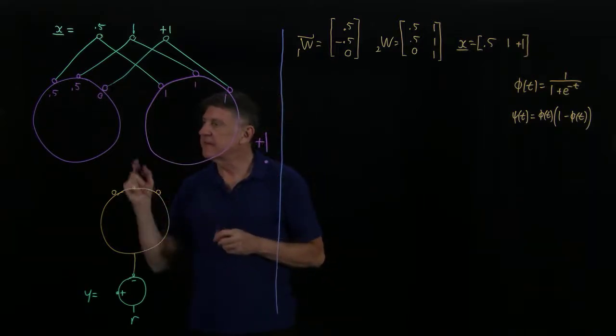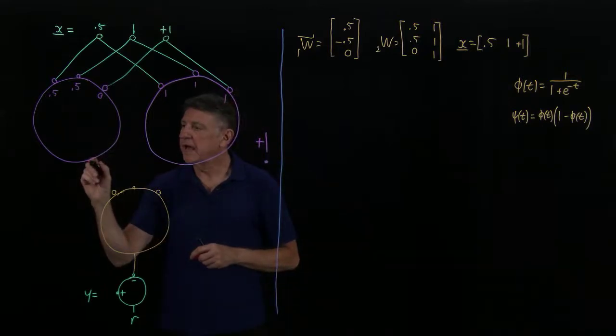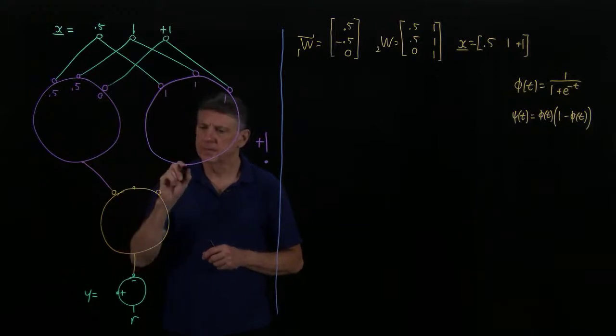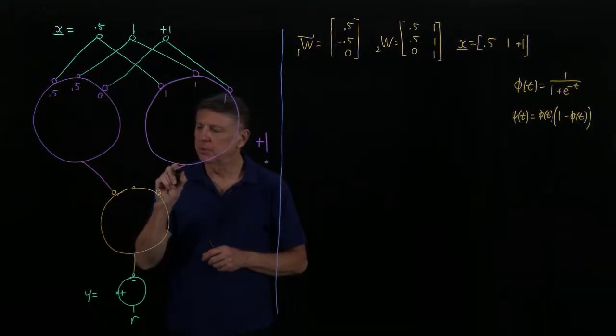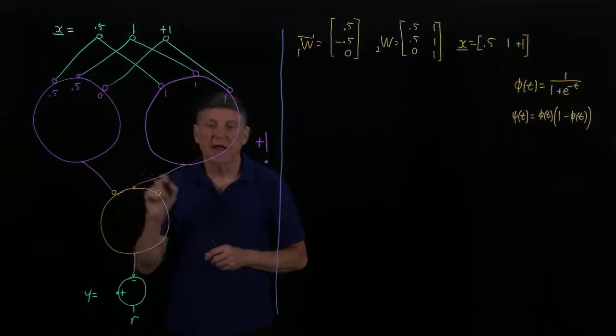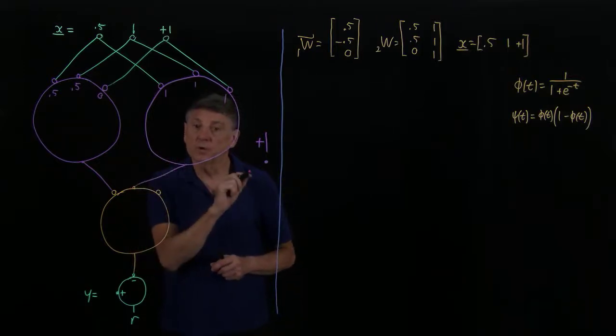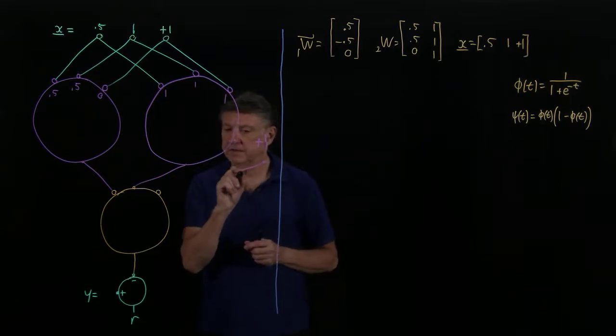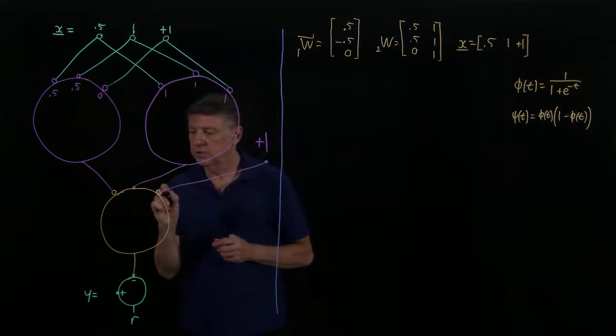This neuron has one output, and that just goes to the output layer. This will have an output that goes to the output layer, and then we have to append a 1 onto this so that the bias term is handled properly, and this one will go to the output layer.